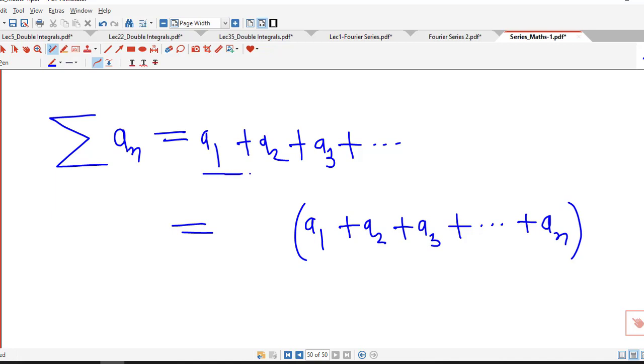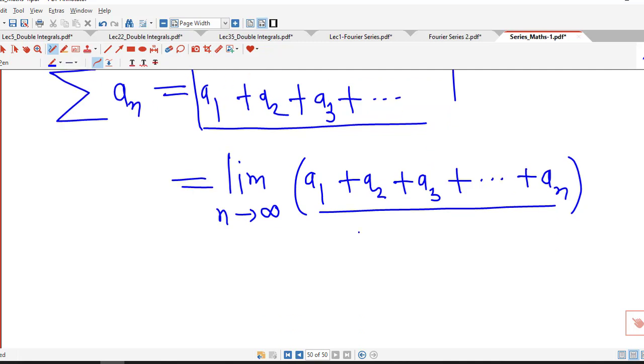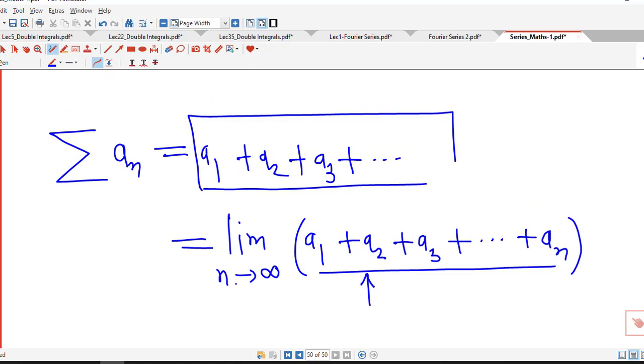To write the series in terms of a limit, I should consider the limit as n tends to infinity. So I am writing the infinite sum as a limit of finite sums. If this limit exists and is finite, then the series is convergent, and that limit is nothing but the sum of this series.